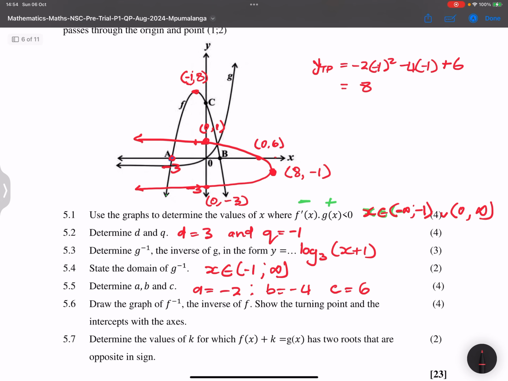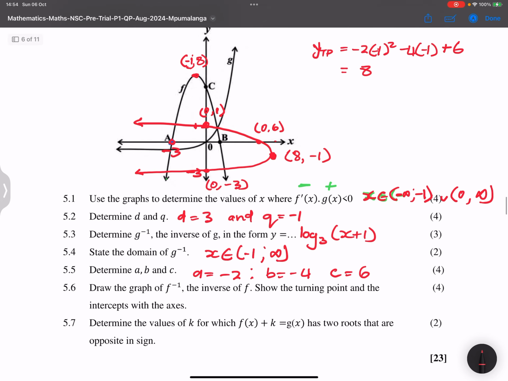And finally, they say determine the values of k for which f of x plus k, so meaning we are shifting the graph of f, such that it would be equal to g of x, has two equal roots that are opposite in sign.